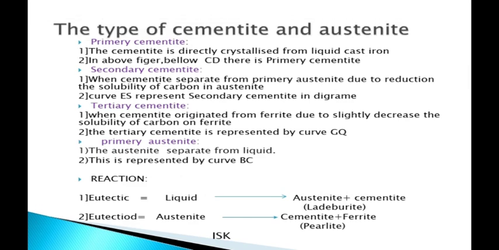Next point is secondary cementite. What is meant by secondary cementite? When the cementite separates from the primary austenite due to the reduction of the solubility of carbon in the austenite, that is secondary cementite, and curve ES represents secondary cementite.